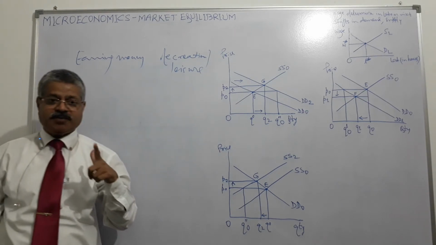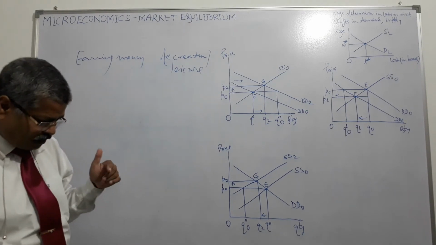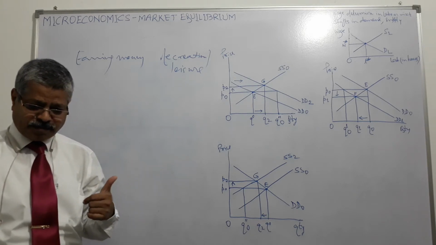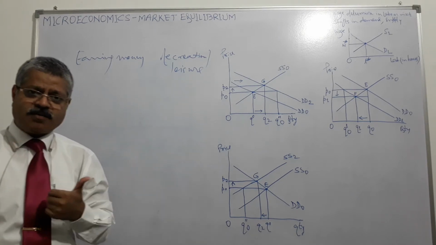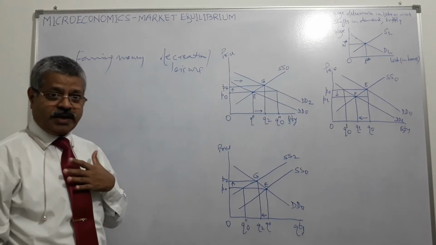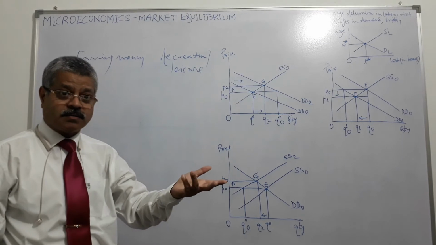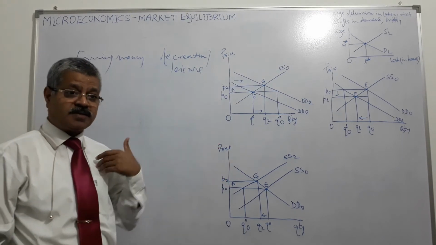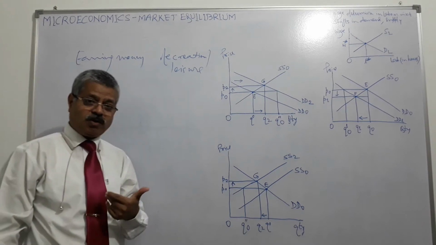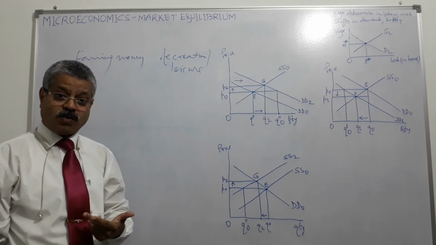And there is a small difference between supply and demand of labor and supply and demand of goods. We households supply labor to the firms. We are the supplier, firms are the receivers. In the case of goods and commodities, it is the other way round.